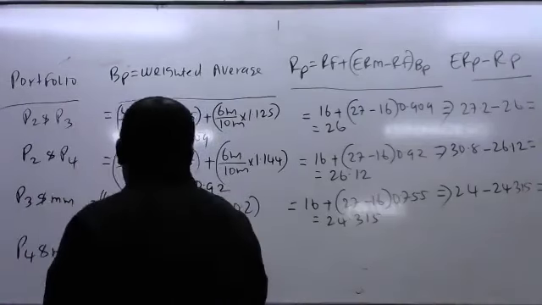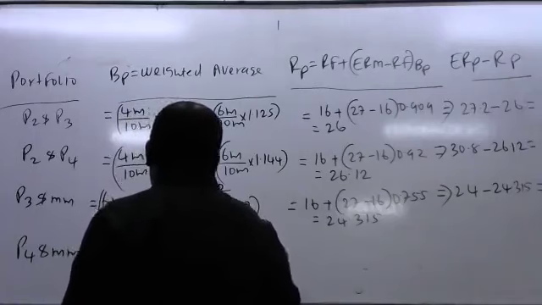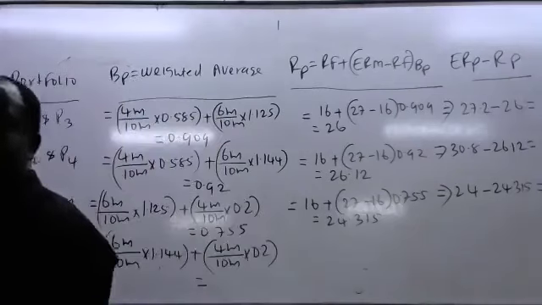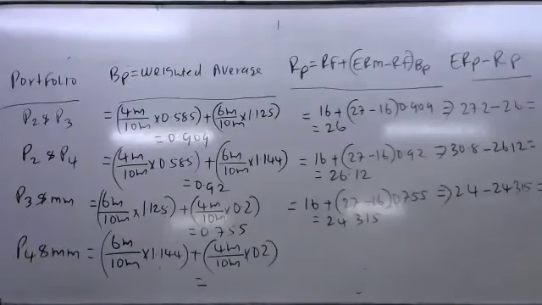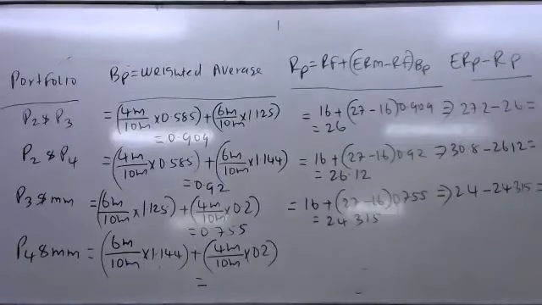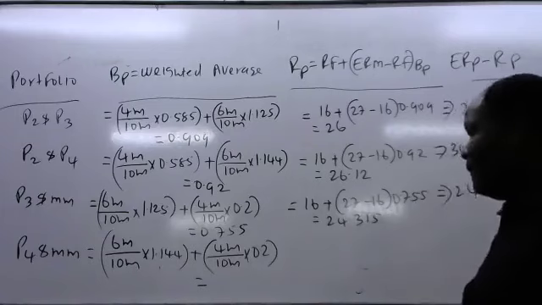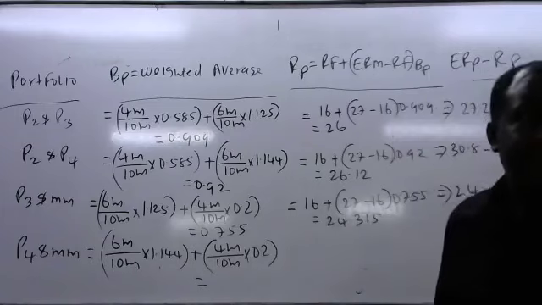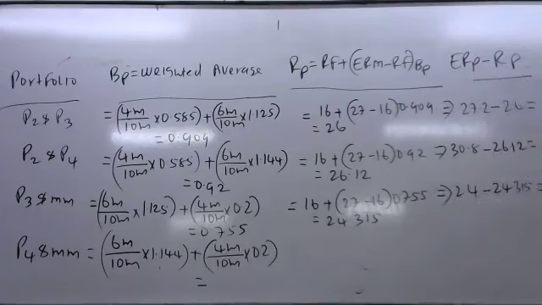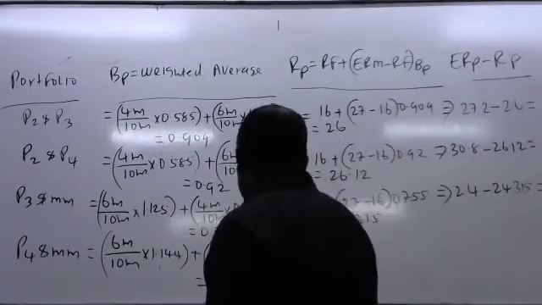So the one for the money market will be 4 million divided by 10 million, or 0.4 times 0.2. 0.76. And pia hapo inakuwa 16.